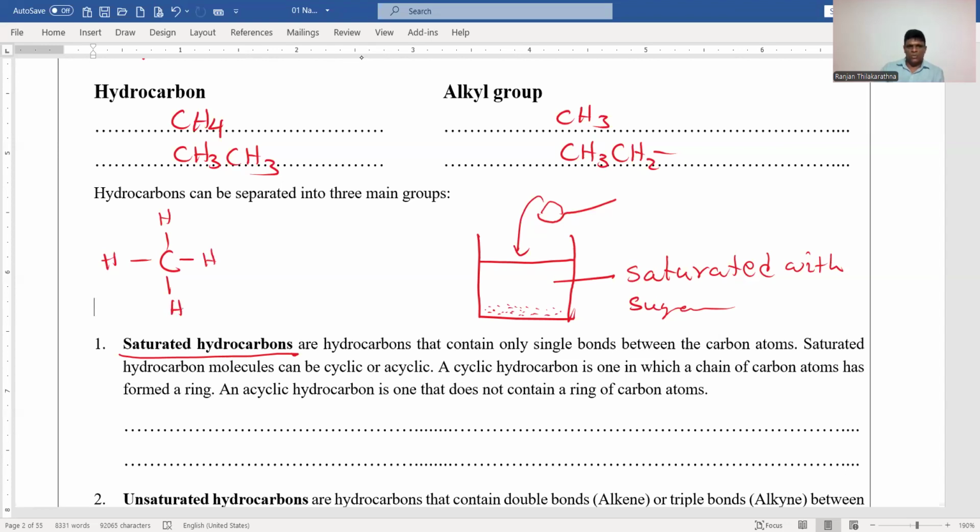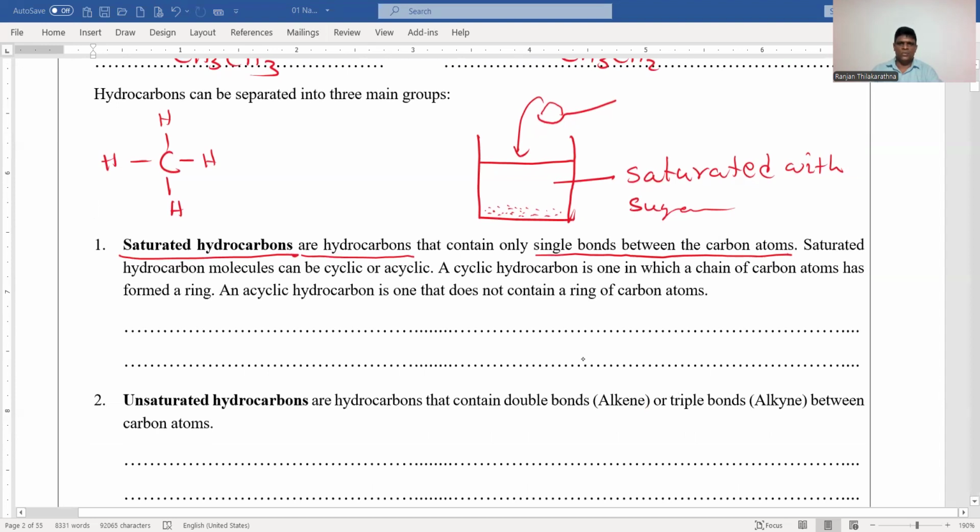The saturated hydrocarbons are the hydrocarbons that contain only single bonds between the carbon atoms.